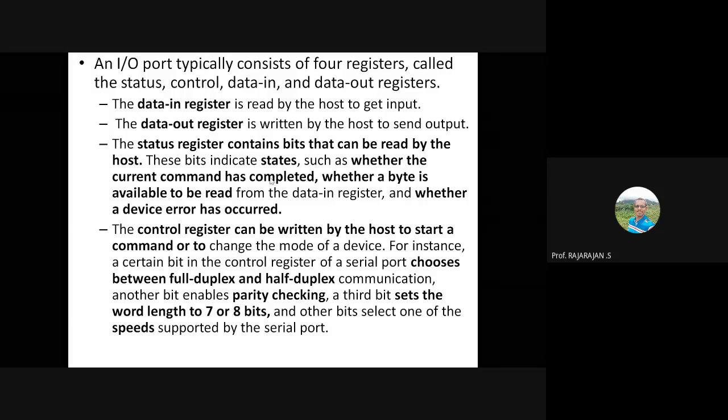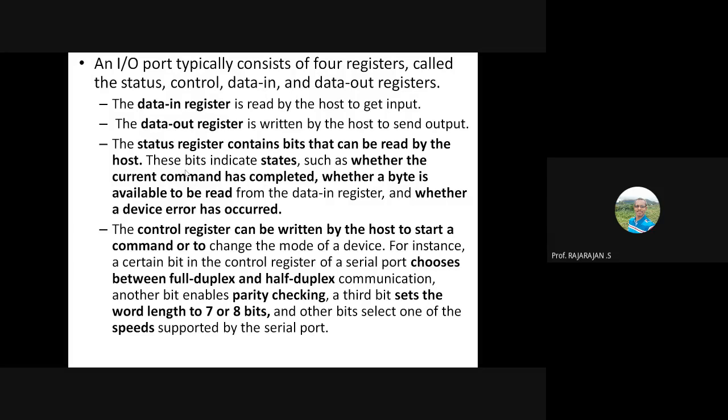And so there are a number of registers involved in the operation. One is the data in register, which is used by the host to get the input. The data out register is written by the host to send the output. The status register contains the various status bits which are listed here: whether the current command has completed, whether a byte is available to read, whether a device error has occurred.